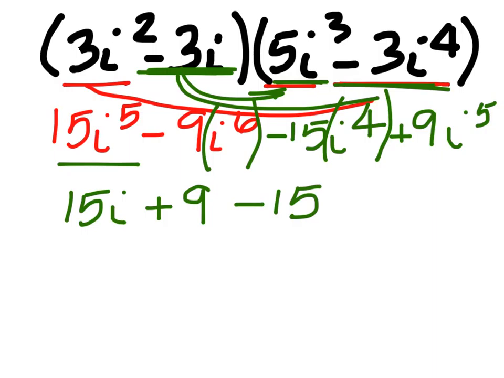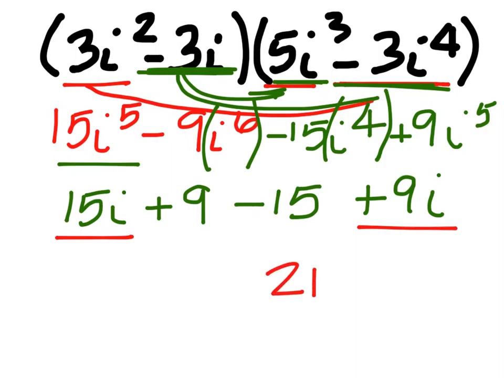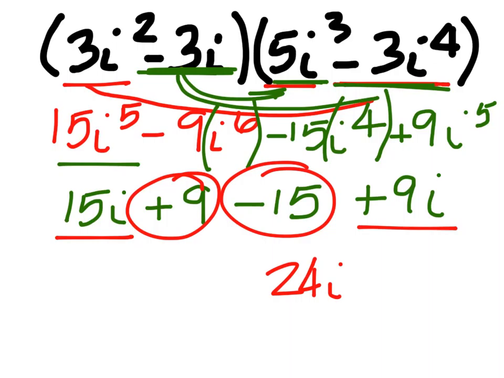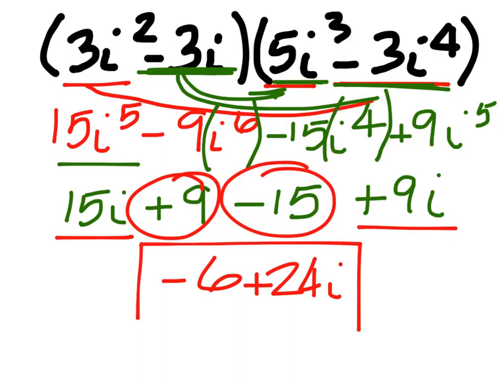And again, we have another i to the fifth, so it's just plus 9i. Now we go back and simplify. We have 15i and 9i. That's going to be 24i. And then 9 minus 15 is going to give us a what? Negative 6. So if this is a positive 24i, don't forget we have a plus sign in front of it. Negative 6 plus 24i.